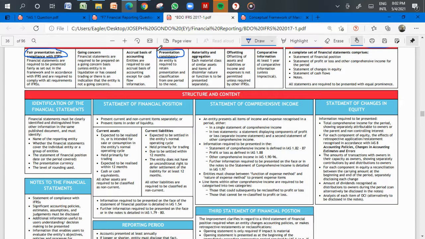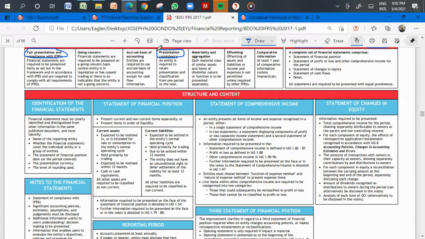What the standard is trying to say here is, if you were subsequently measuring investment property at fair value, you should continue measuring the investment property at fair value year after year, unless it is clearly no longer reasonable. That's when we are talking about IAS 8, changes in accounting policy or changes in accounting estimates.